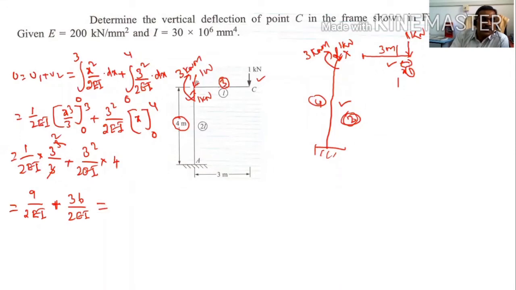If you add both, 36 plus 9, it is 45 by 2EI.